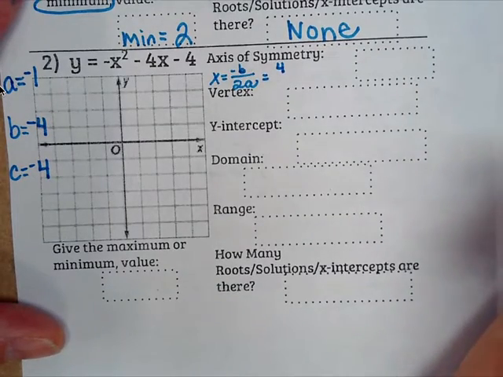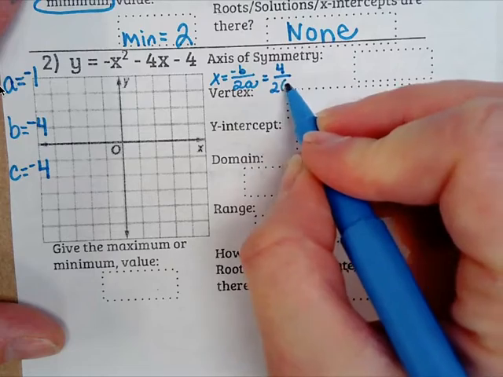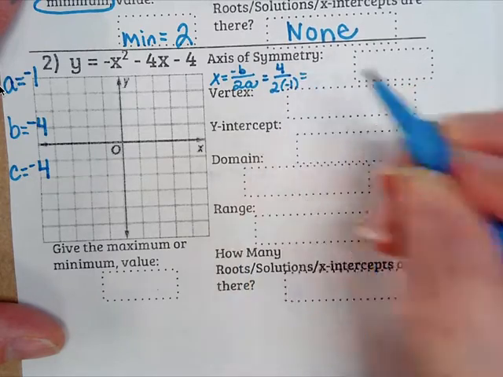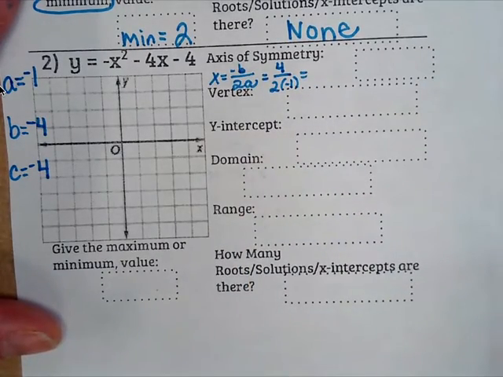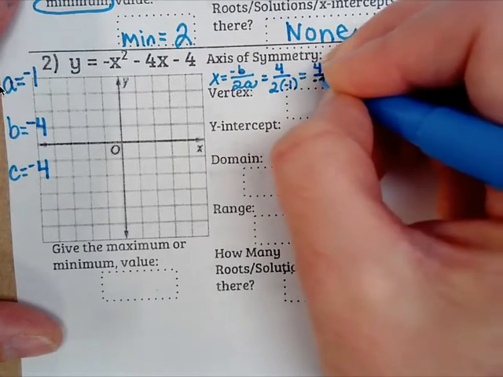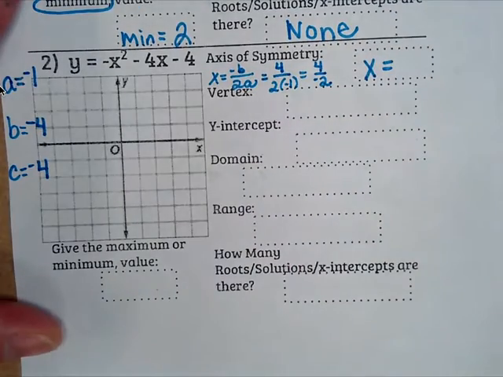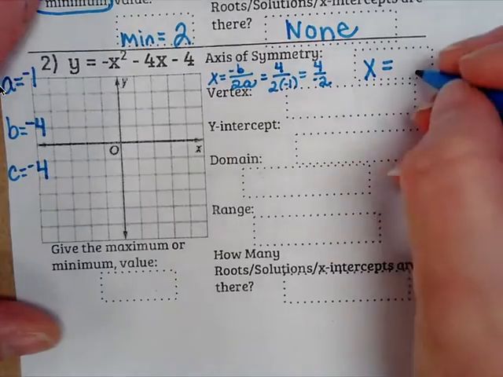4 over 2 times -1. So it'll be 4 over -2. So x equals -2. Yep.